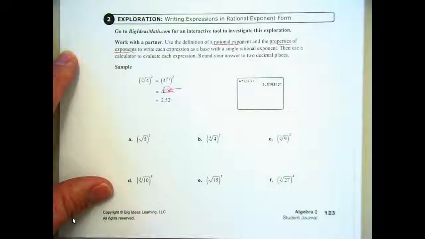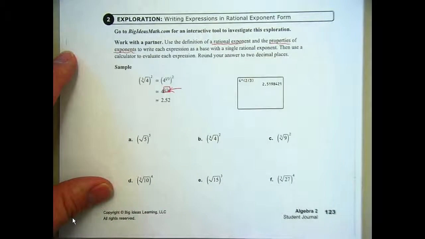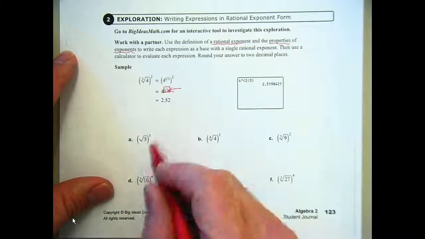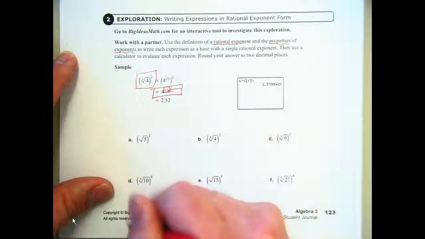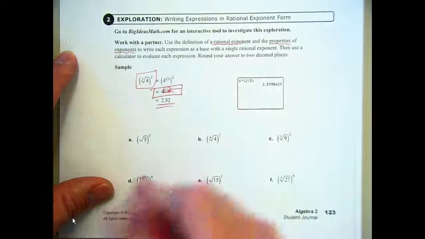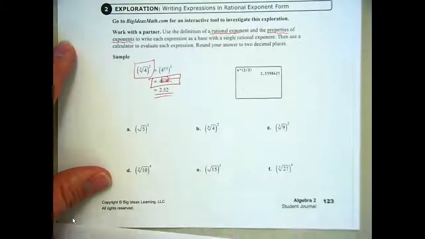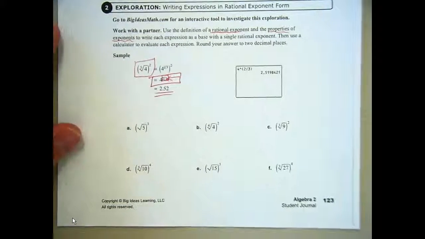And use the properties we used in the previous maintaining math proficiency there. So I want you to go ahead and change this to this form, and then come up with its approximation. Do that for each of those problems. That's really what it's asking you to do.